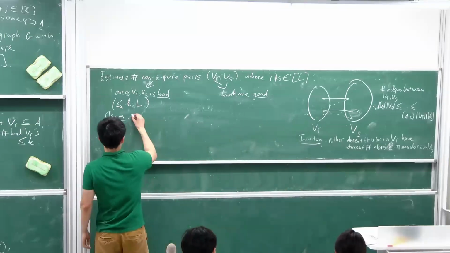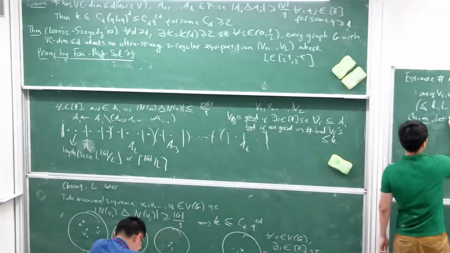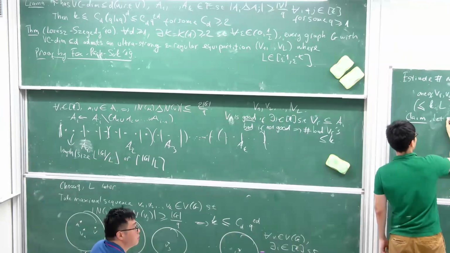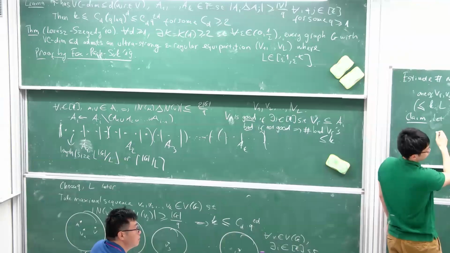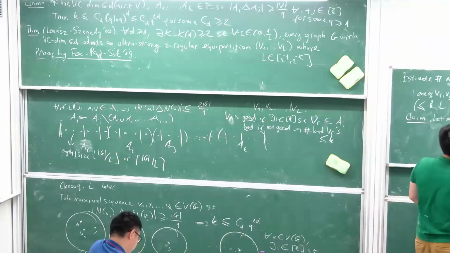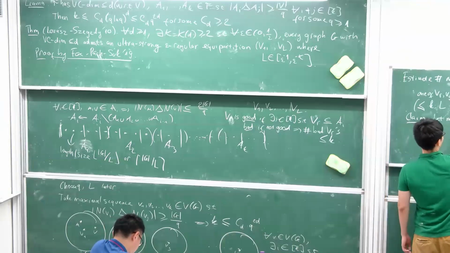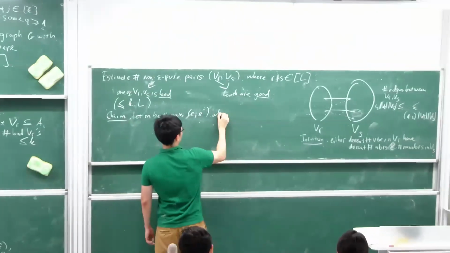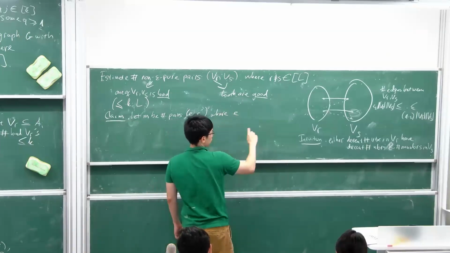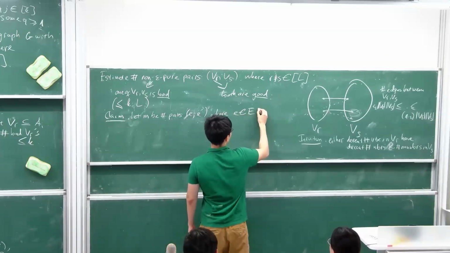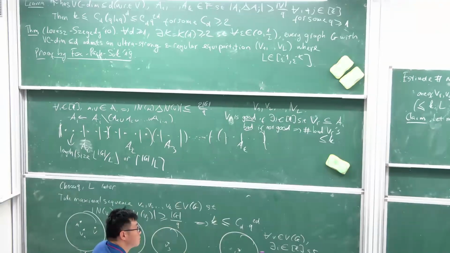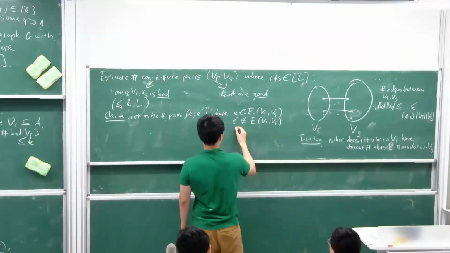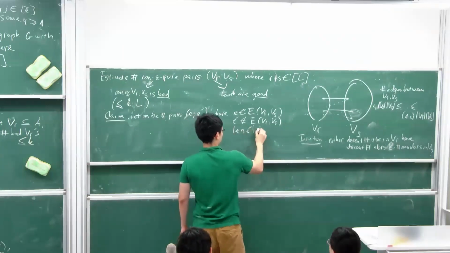So let M be the number of pairs of the form E and E prime, where E is an edge between VR and VS, and E prime is not an edge between VR and VS, and they have a common endpoint.